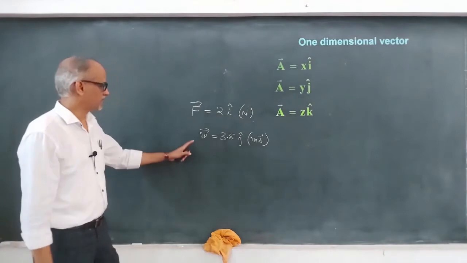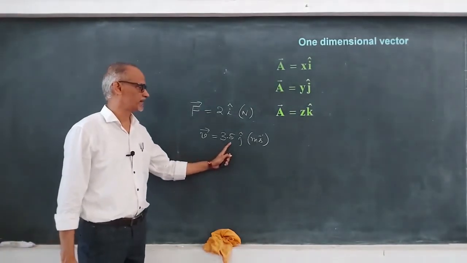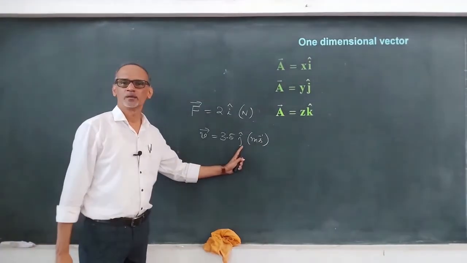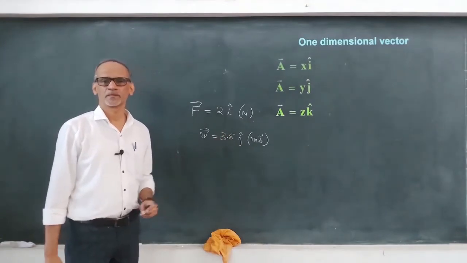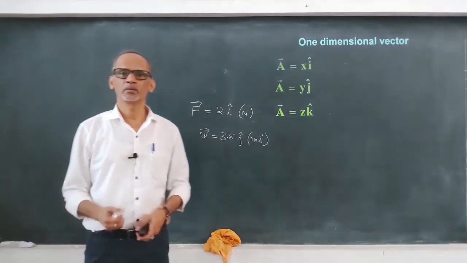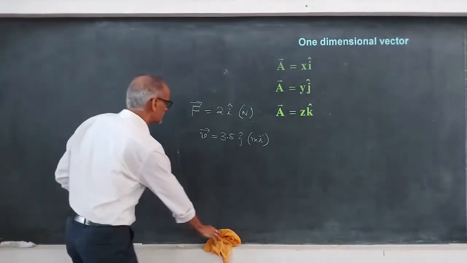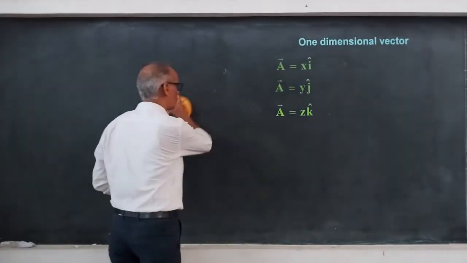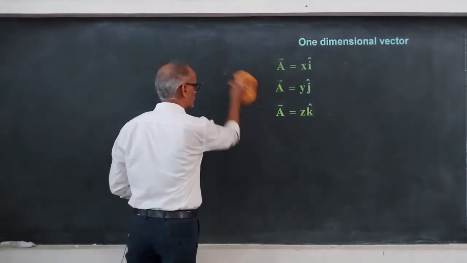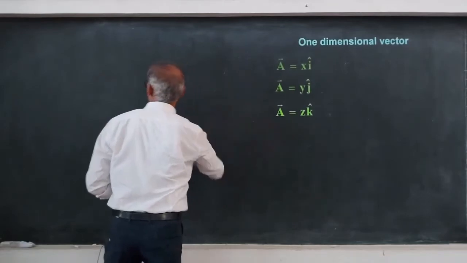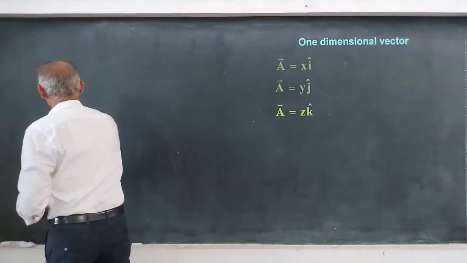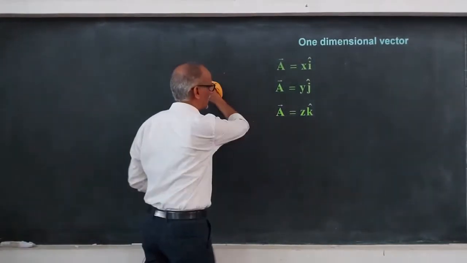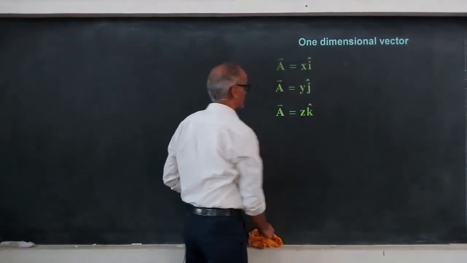So the velocity vector has a magnitude of 3.5 meter per second along the y axis. That is the advantage of writing in vector form. In this case, since only one axis is involved, it is called a one dimensional vector. Only one axis is enough to understand these physical quantities.